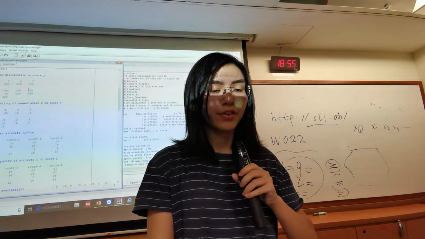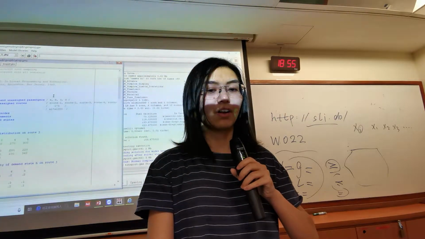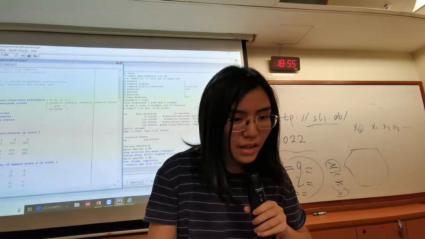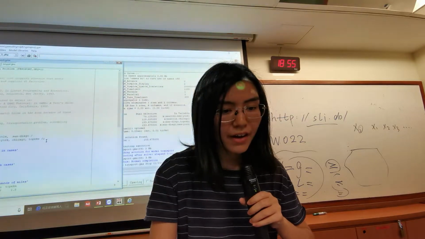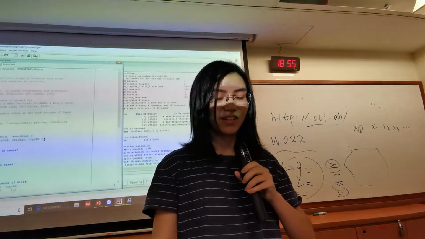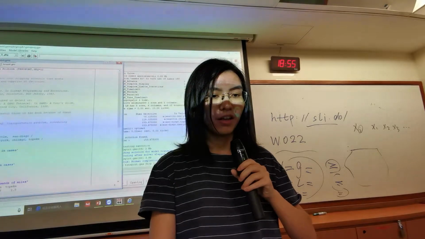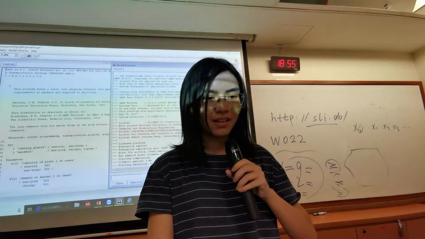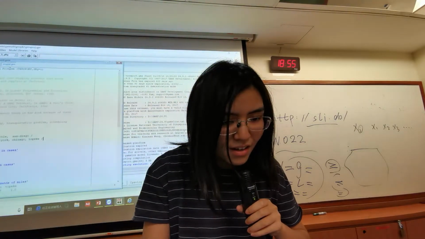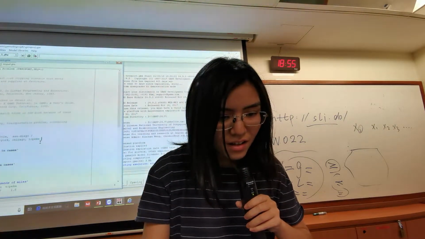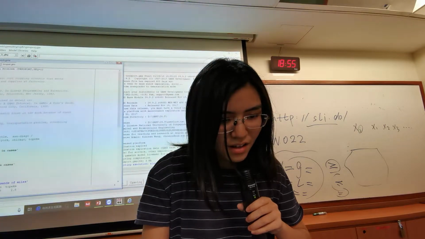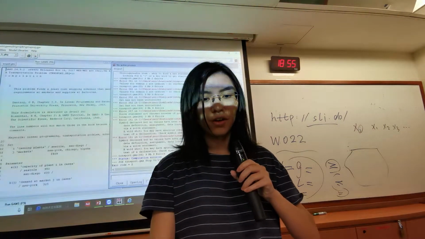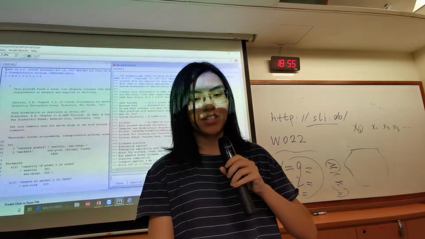Of course, when you code, you could come across a lot of problems. So for example, in the transport problem, if I miss this semicolon and I run it, there will be error messages.